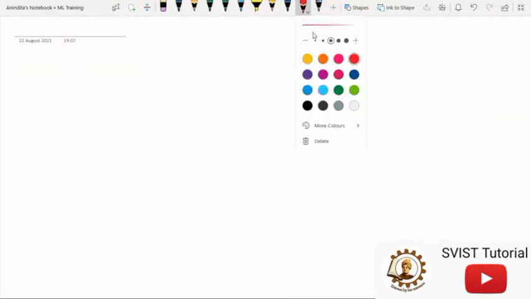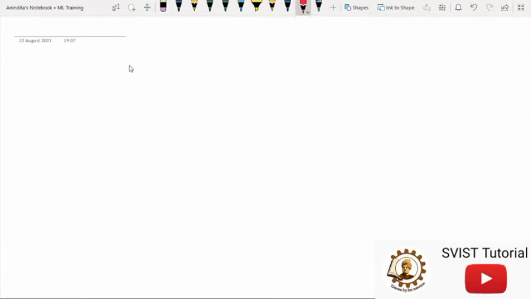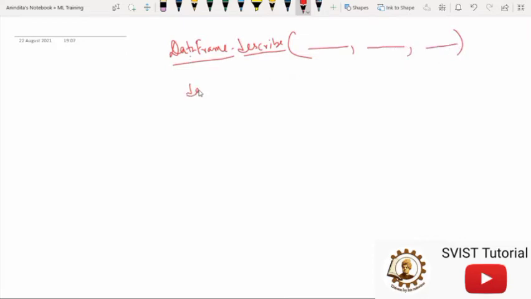Basically, in Python, whenever you go to the Python specification, you will find that the basic syntax of the describe function is like this. Data frame, then the describe function, and then you will have 3 arguments. What is this data frame? It is the variable name in which we have our data.